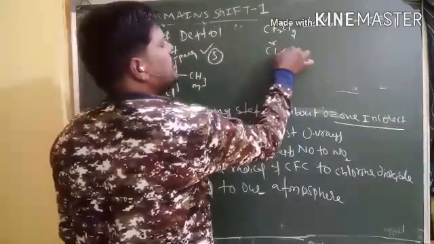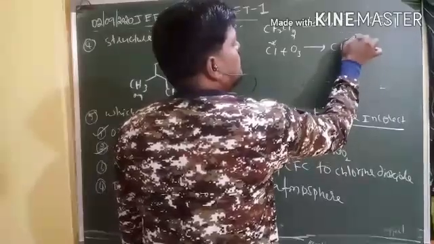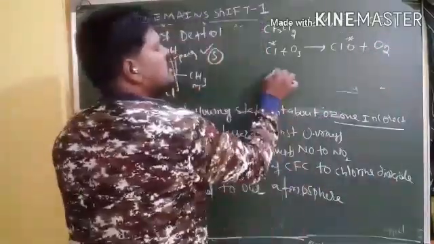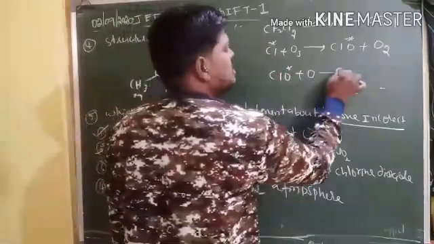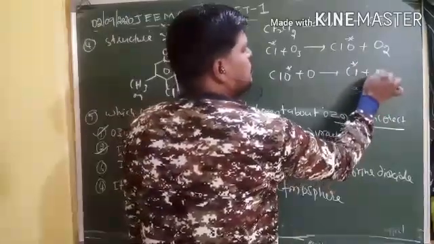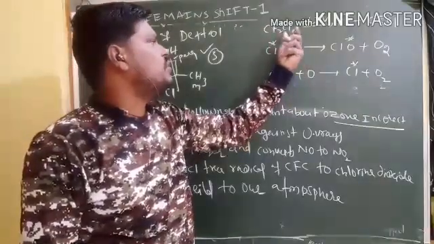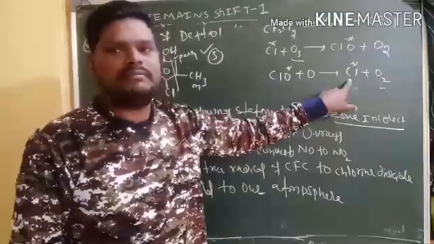Immediately this chlorine free radical reacts with ozone to form chlorine monoxide plus O2. This chlorine monoxide again reacts with nascent oxygen to form chlorine free radical plus O2 here. So what do you understand in this case? When chlorofluorocarbons react with ozone, they continuously release free radicals.